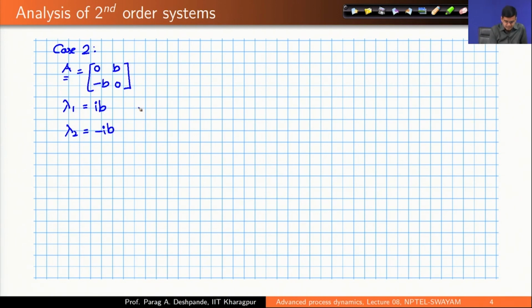And the corresponding eigenvector, so let us take one of them, e to the power i b. The eigenvector for e to the power i b can be determined as [1 i].